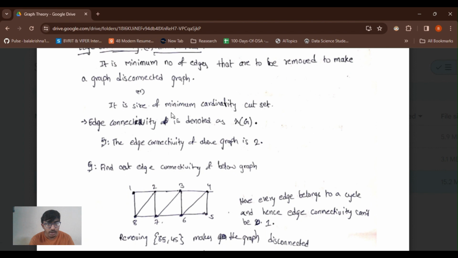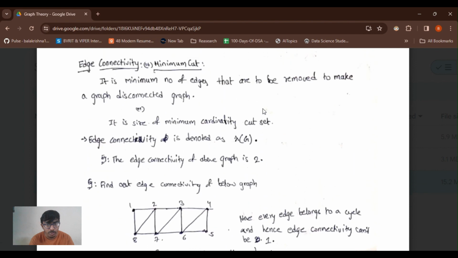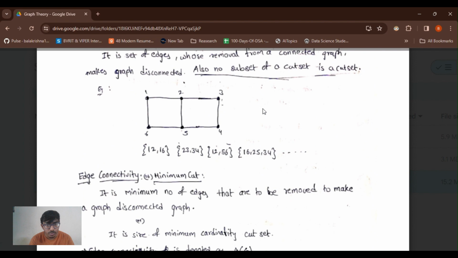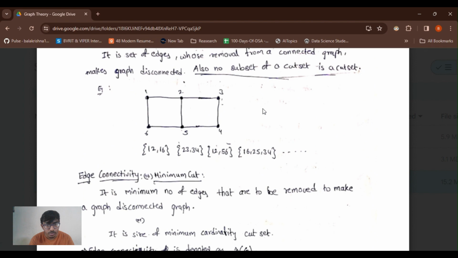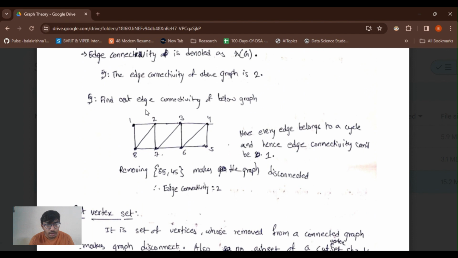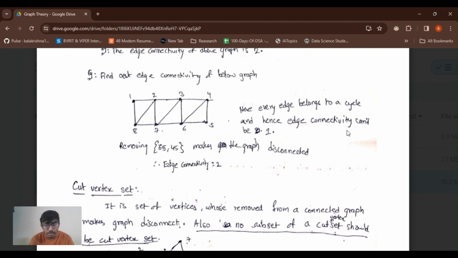It is the size of the minimum cardinality cut set. The edge connectivity of the above graph is 2. So find the edge connectivity of the below graph. Since every edge belongs to a cycle, its edge connectivity cannot be 1.